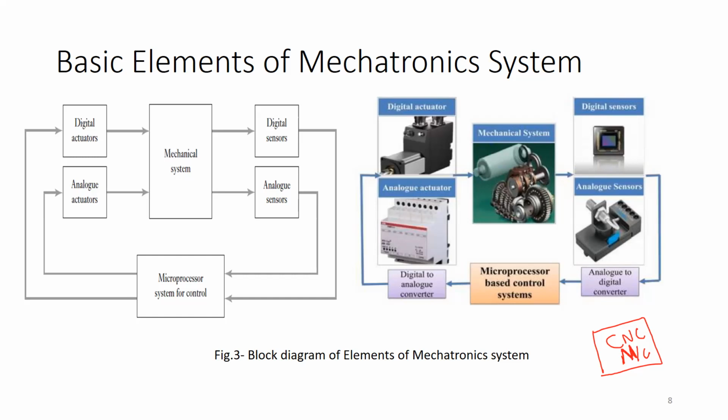The microprocessor will now read the data, that this is the actual data which is coming from the mechanical system to me, and this is the user input data. user input data उसके पास कहाँ से आया? जो आपने program लिखा था उसमें, from that it has read the user input data, and now it is also comparing it with the actual data which is coming from the mechanical system.